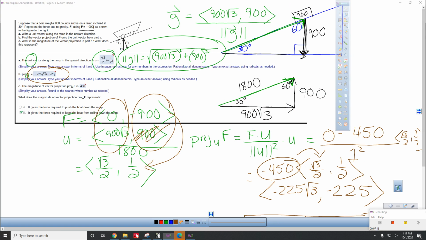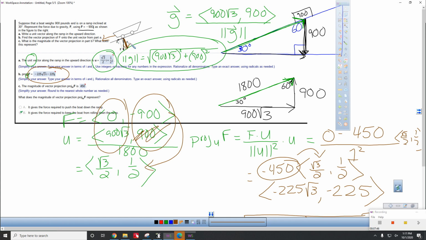So what does that mean? Okay, this is like important. This thing weighs 900 pounds, but that weight is being distributed, okay? 450 of the pounds are going that way, which means the remainder of the weight is being transferred into the wood on the ramp.